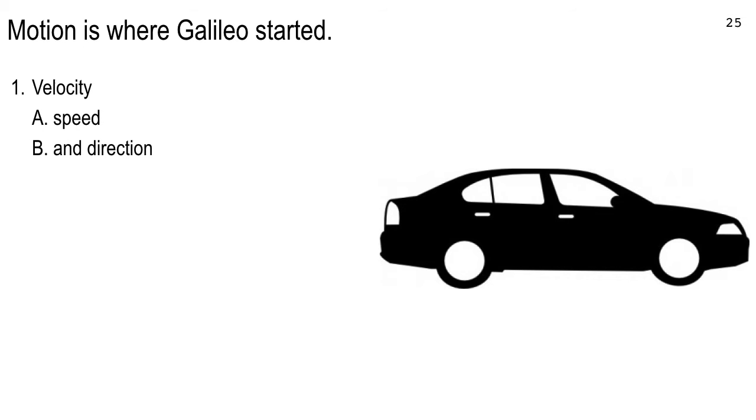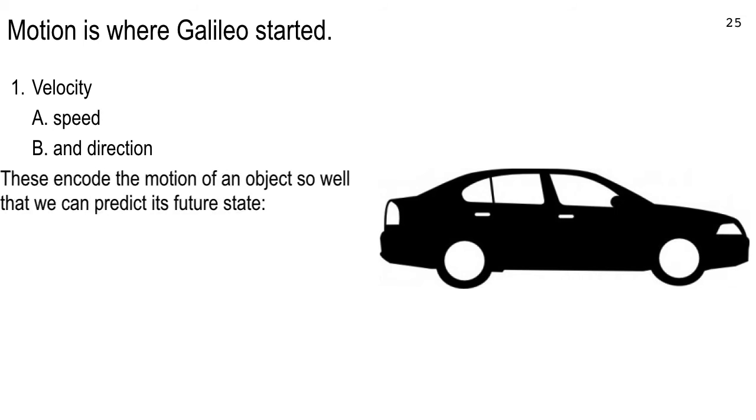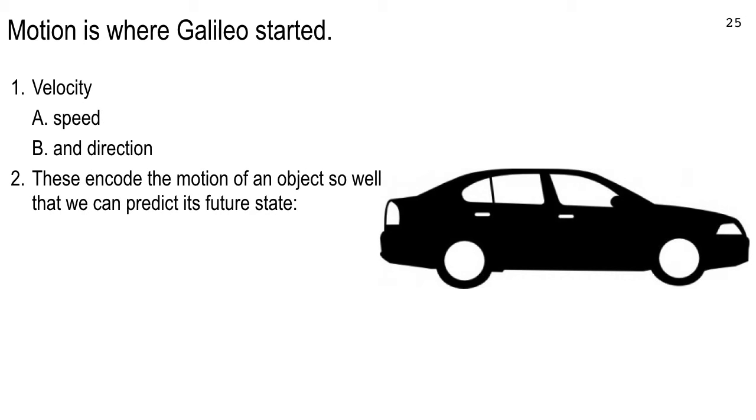Velocity is defined as a speed and a direction. And with a speed and a direction, you encode the motion of an object so that you can predict its future state. Remember, Galileo in physical science, not all of it, but much of it, is trying to predict a future state.